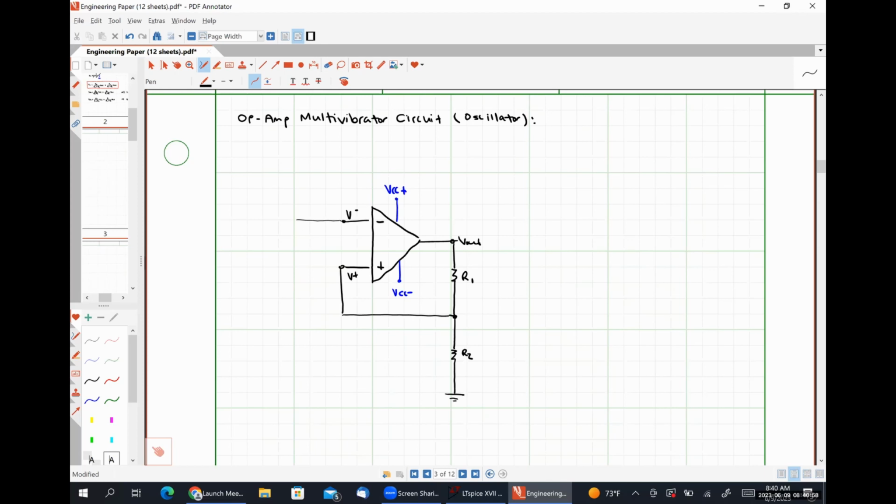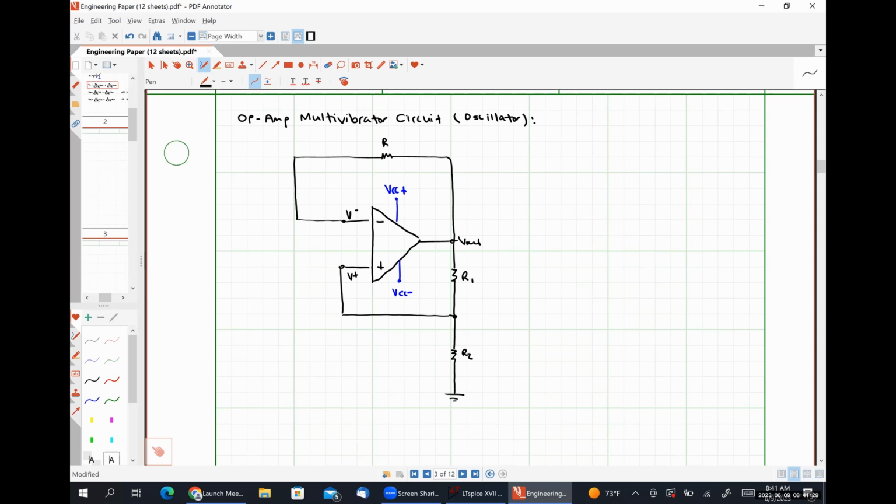Okay. So this circuit has both positive feedback, because we are tying our non-inverting input terminal to our output terminal through that resistor R1, and negative feedback, because we're about to tie our inverting input terminal to our output terminal through this resistor R. Because it contains a positive feedback path, it is pretty much going to behave like a positive feedback circuit.